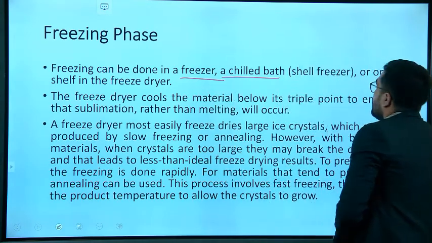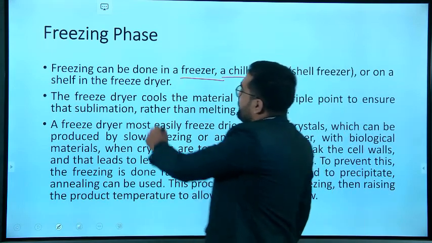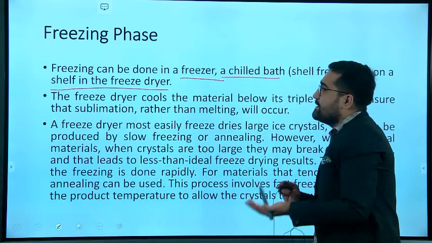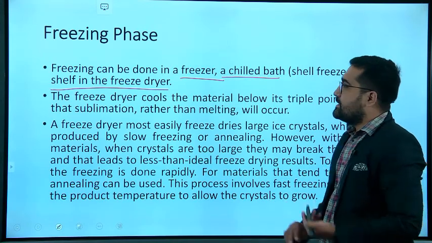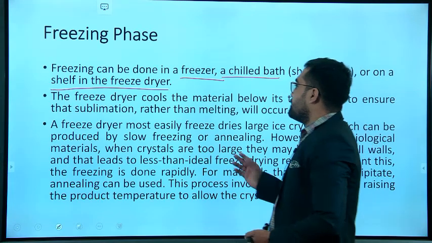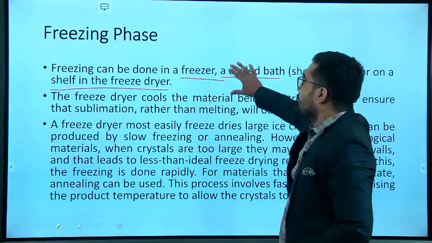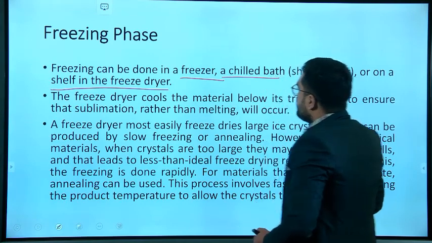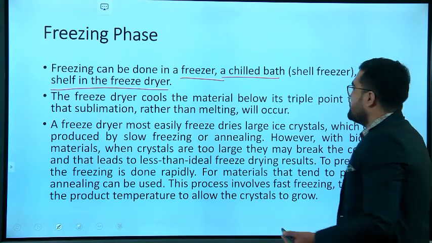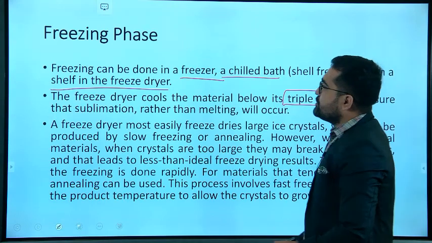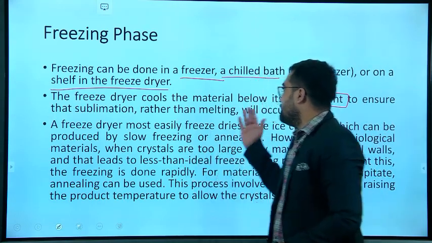Okay, or a shelf freeze dryer, which comes with shelves that can reduce the temperature, or with sprayers. Okay, these are the different modes of freezing inside a freeze dryer, and the freeze dryer cools the material below its triple point, to ensure sublimation rather than melting.